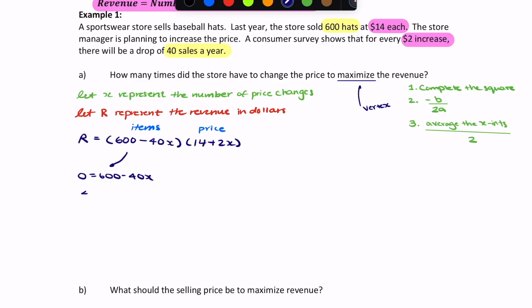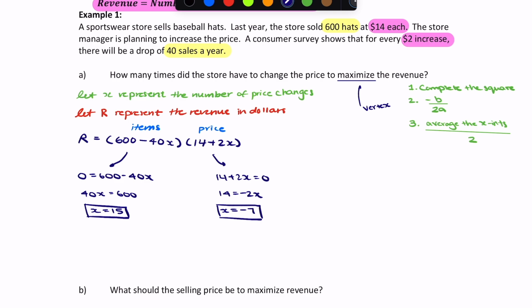So here we have 40x is equal to 600. And so here x is equal to 15. And we'll make 14 plus 2x equal to 0 as well. And so here we have 14 is equal to negative 2x, and x is equal to negative 7.